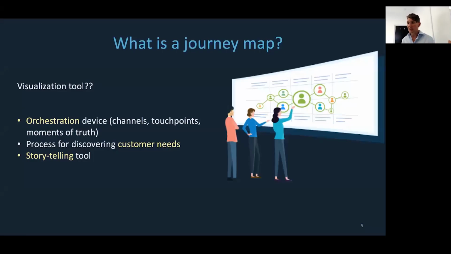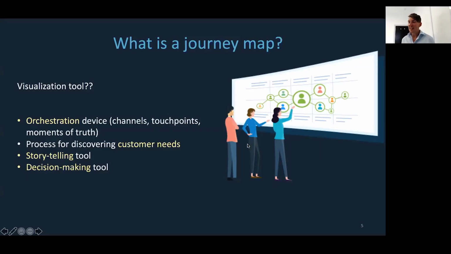And he proceeded to tell a story. And everybody was like, wow. And it's because of who he was. He was a senior executive. It was great that he was actually attending this user research. But if you can get your senior executives to attend your user research and to attend your journey mapping process, you're going to be in a good place.